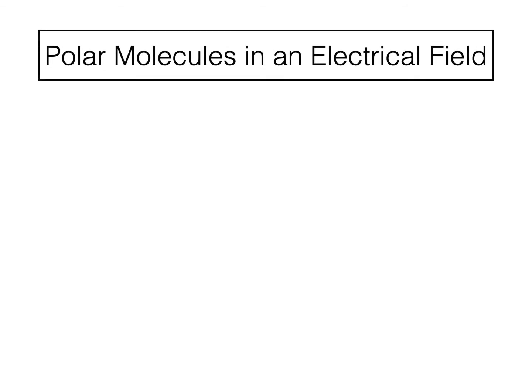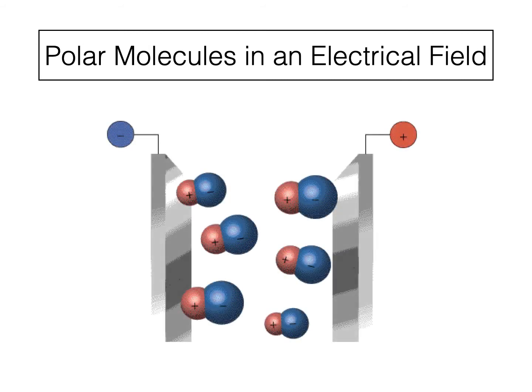If we put these molecules now into an electrical field, if they've got a dipole, which is what it means when they're polar, then they should interact with the electrical field and they will be attracted by the positive and negative plates. And here you see some molecules, the red ends of the molecules are positive, the blue ends are negative.